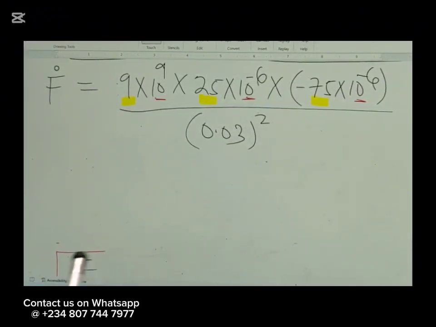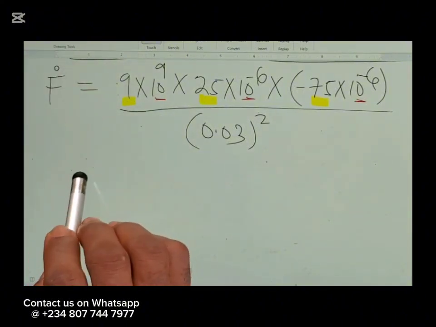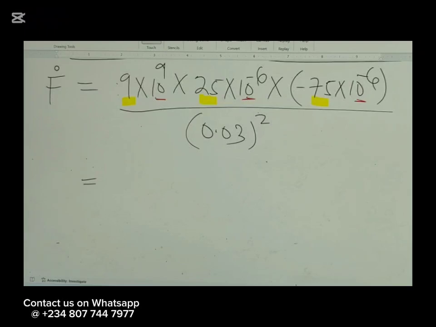Now let's multiply to have the value. We are going to have this to be equal to 9 times 25 times 75.